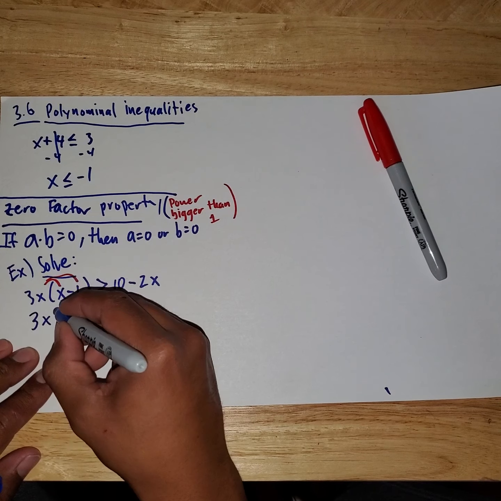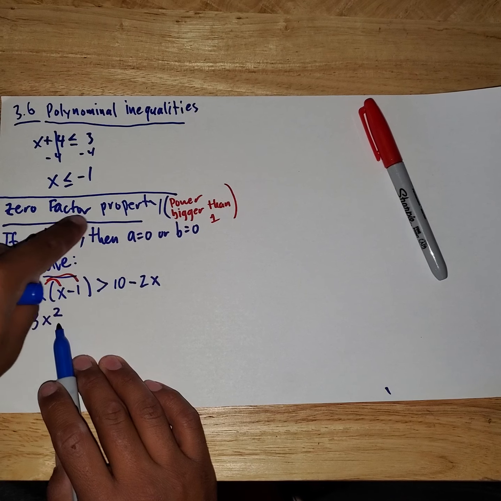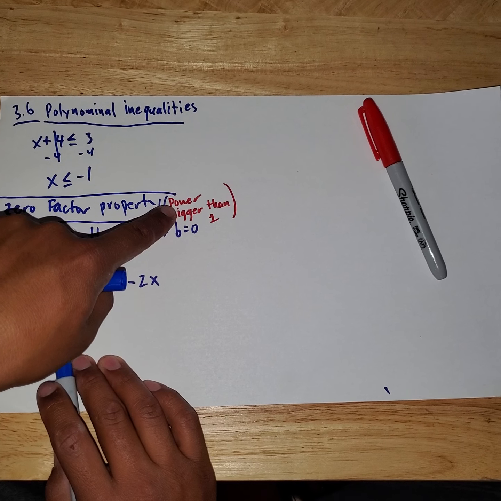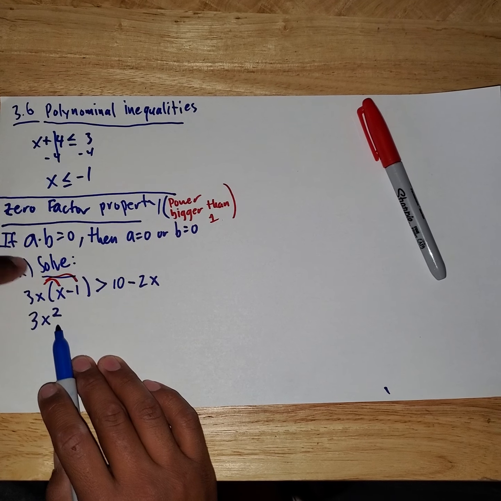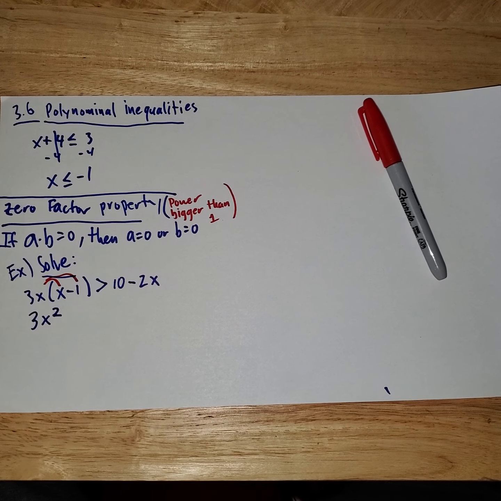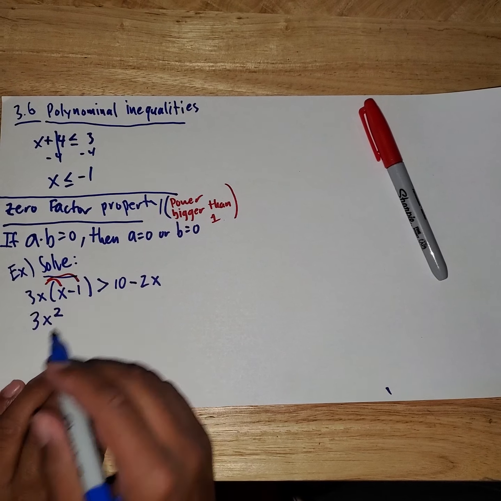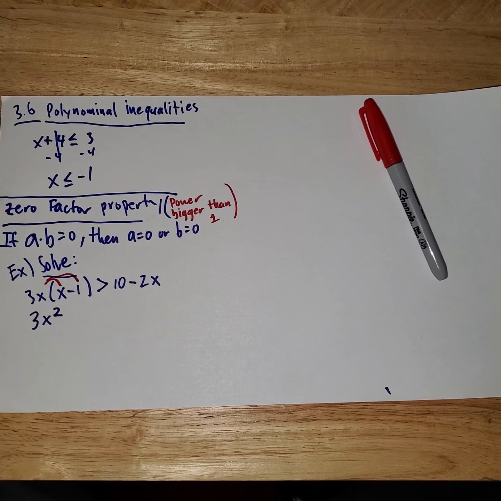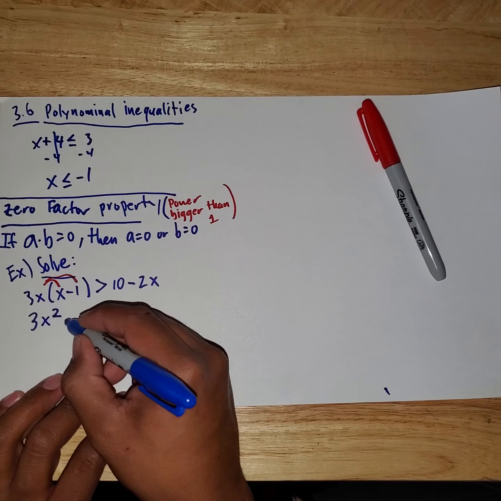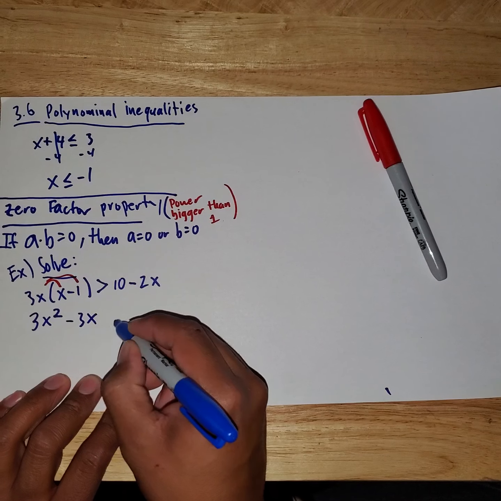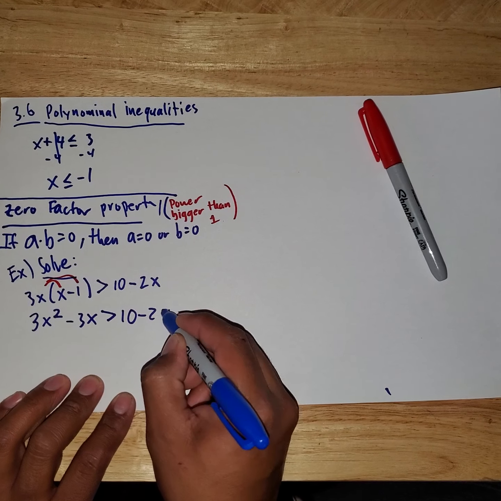We have 3x squared now. And that's what I was talking about when we use the zero factor property. As you see, as soon as you see a power greater than 1, this is what you resort to. That's what we did for when we're dealing with quadratic equations or any polynomial equation. Or it technically works for any equation that has a power greater than 1. That's what you want to try to do. So then we get negative 3x distributed greater than 10 minus 2x.